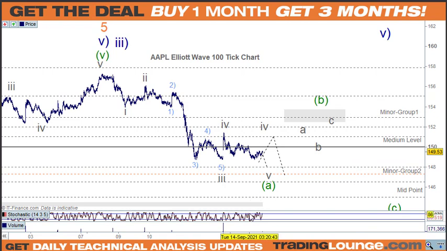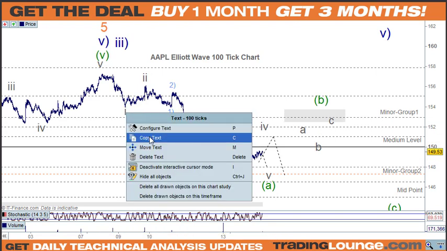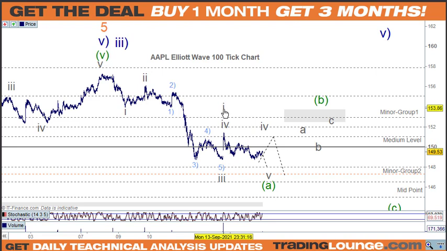But I don't have that 5 waves down yet, so we could just have this down as an A and a B and a C wave down to one of these lows here, and then up for 1 and ABC back for 2 here. So that's also possible as well. There are a few things here that need to be resolved yet.